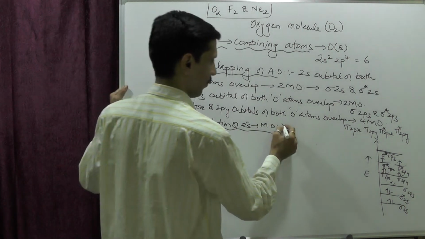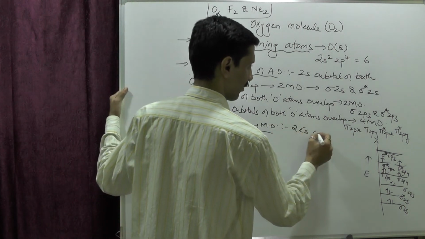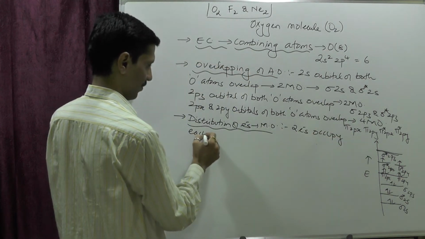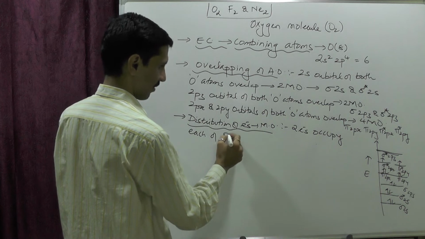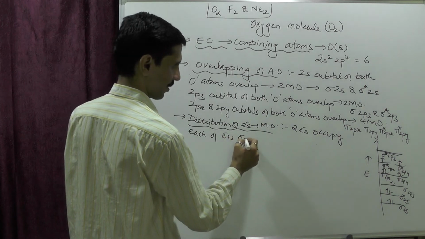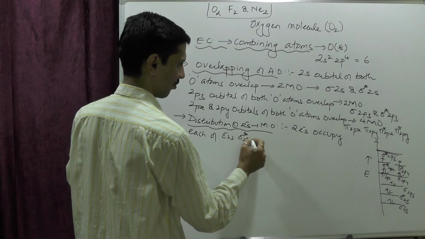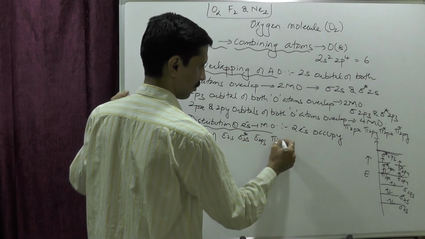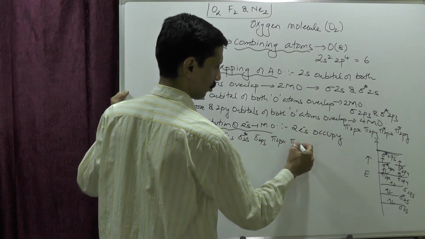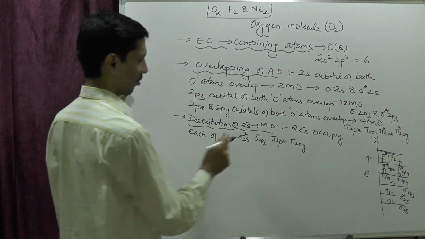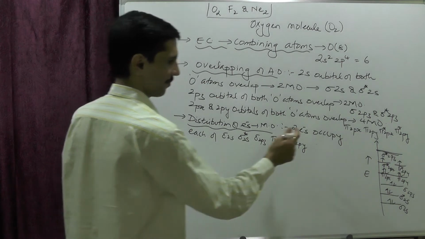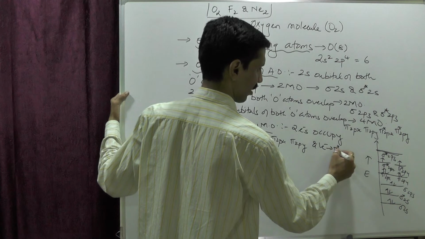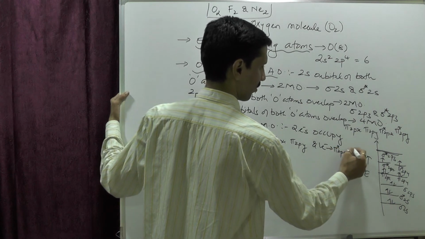So we'll start writing down now. 2 electrons occupy each of, अभी कौन से, sigma 2s, sigma star 2s, sigma 2pz, pi 2px and pi 2py. 2 electrons occupy each of these orbitals and 1 electron in pi star 2px and pi star 2py.